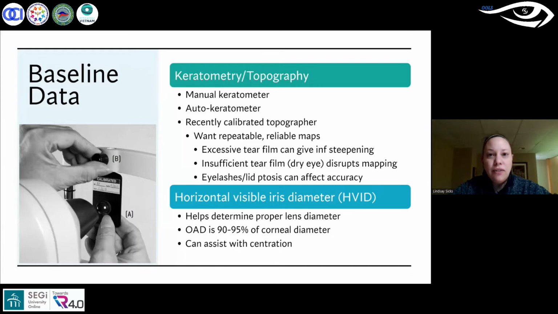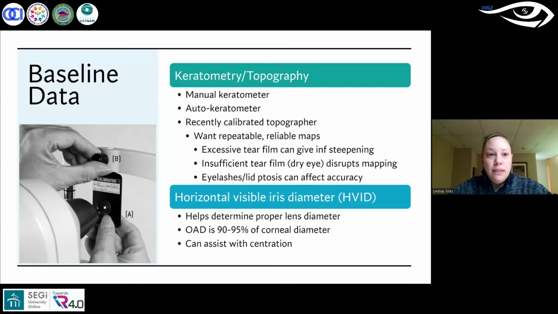Other things that can affect the map would be too many tears. I see this a lot if you put a tear in before you take a map. You can get this inferior, excessive amount of tear film, and that can make it look like the eye is steeper than it actually is. It can almost give you a pseudo keratoconus type appearance, so you need to be careful for that.